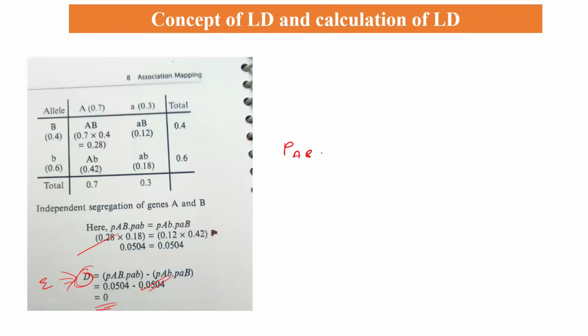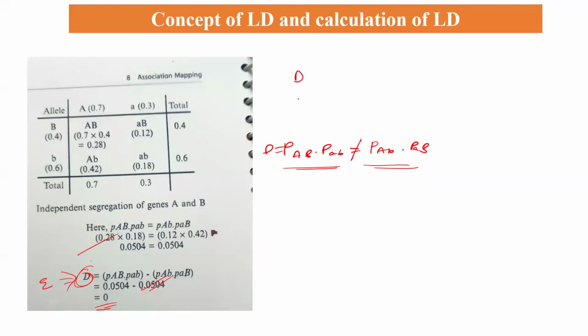If the difference is there, it means PAB is not equal to the product of PA and PB, and PAB and Pab are not equal, then this is called disequilibrium. Many formulas are there for the calculation of D. First, I tell you the three most important formulas used for the estimation of LD.